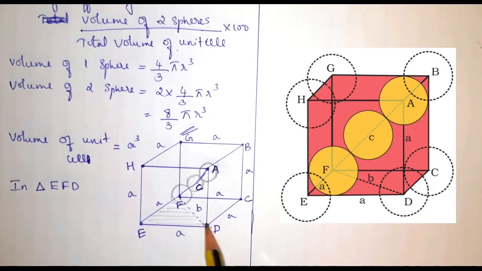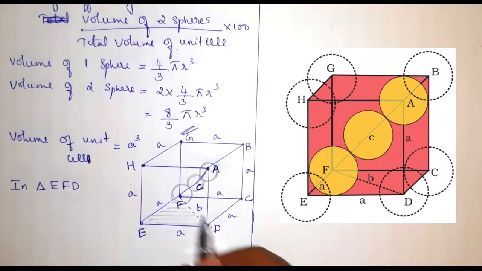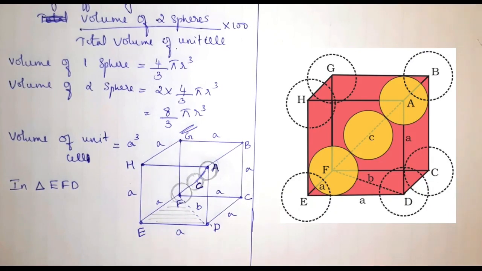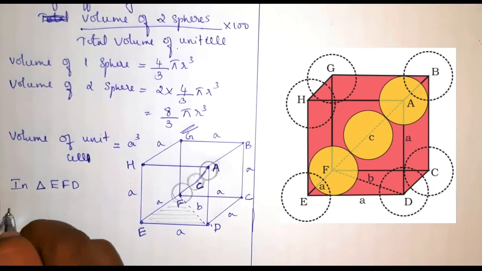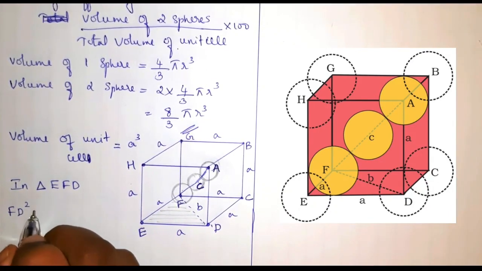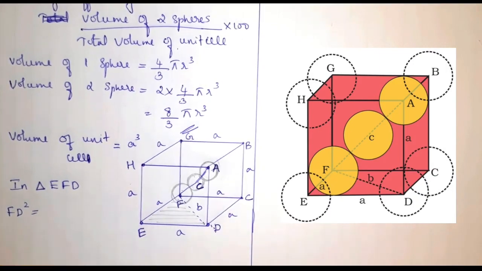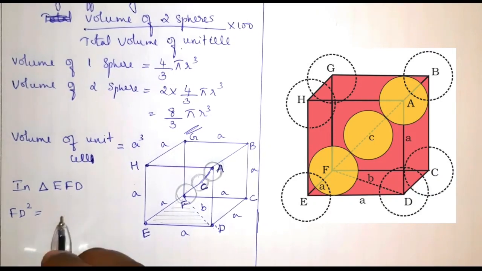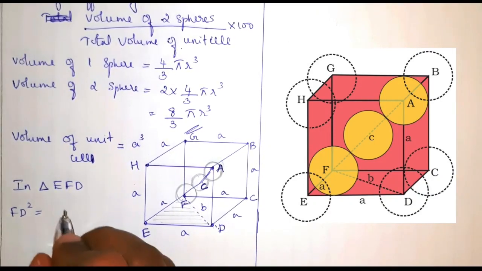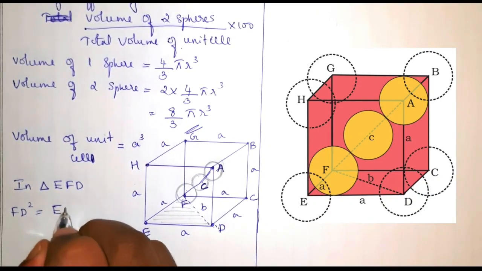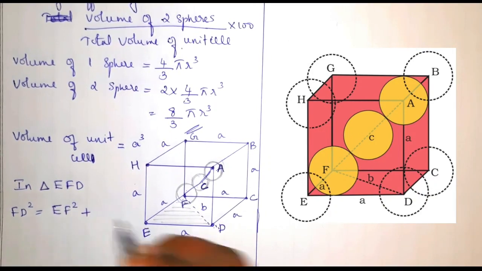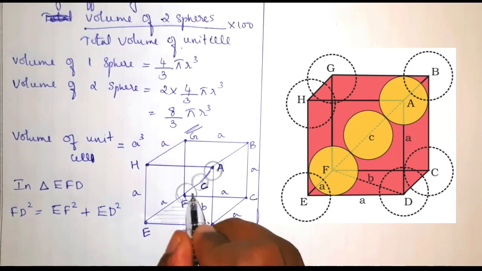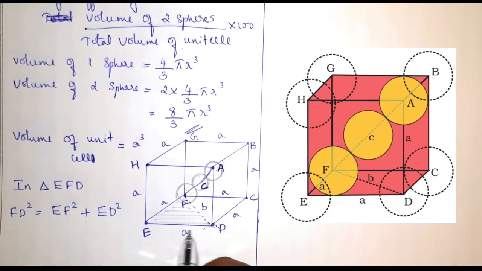If you take triangle EFD, you have to apply the Pythagoras theorem. So FD square, that is this part, the hypotenuse, will be equal to EF square plus ED square.